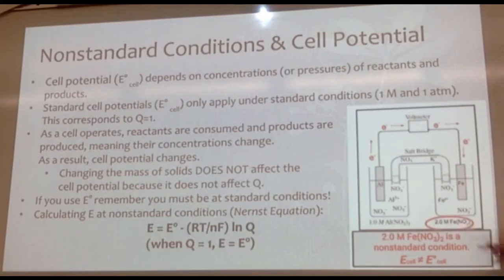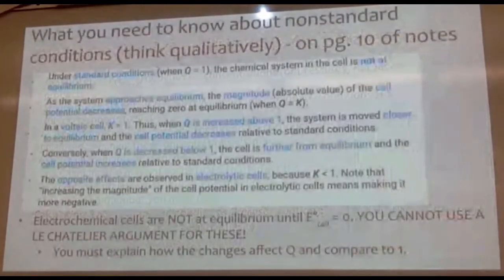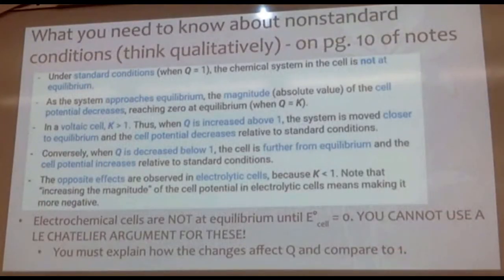So if we are changing the concentration, we're changing it from standard conditions to non-standard conditions. And at non-standard conditions, the cell potential does not equal the standard. The standard cell potential is what we've been calculating using Appendix E when we're at standard conditions. If we're not at standard conditions, then we have to make some changes.